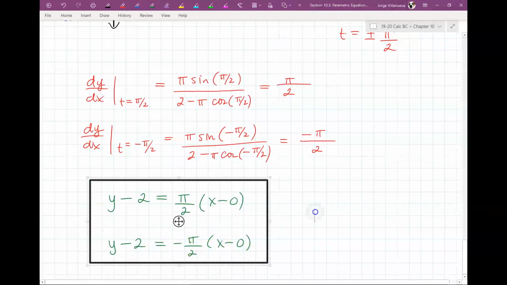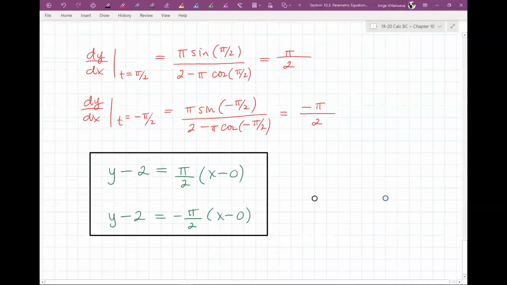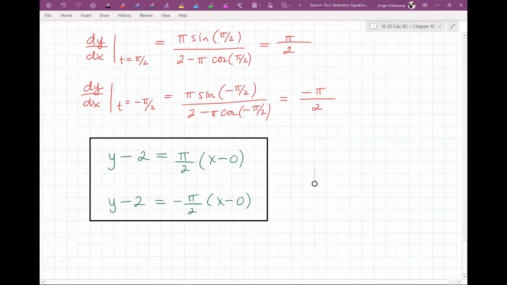Remember, on an AP exam, don't simplify unless they tell you. If they just tell you to write an equation of a line, I always recommend point slope because it's usually the easiest one. Don't multiply it out. Don't solve for y unless they say they want it in slope intercept form. If not, point slope is perfect.